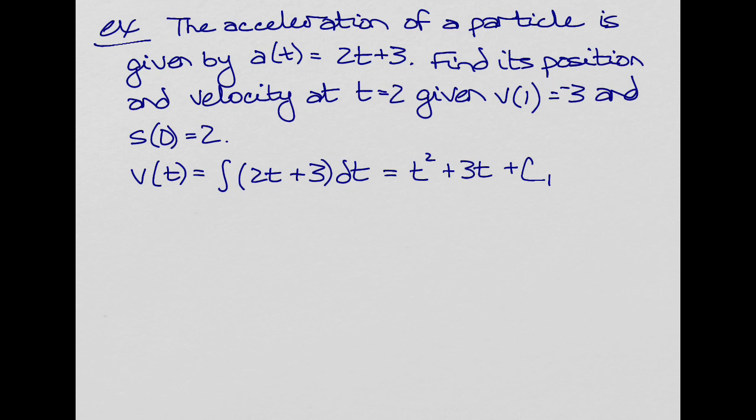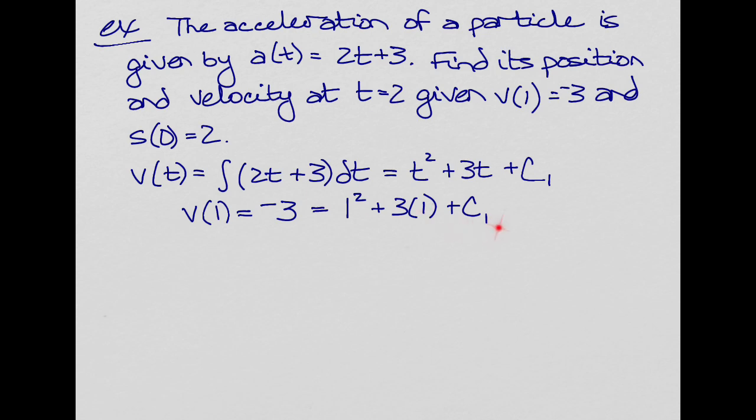So let's see. V of 1 is -3, and I'm substituting 1 into my velocity function here. So that's 1 squared plus 3 times 1 plus C1. Well, 1 plus 3 is 4.